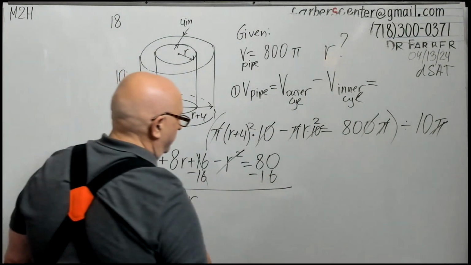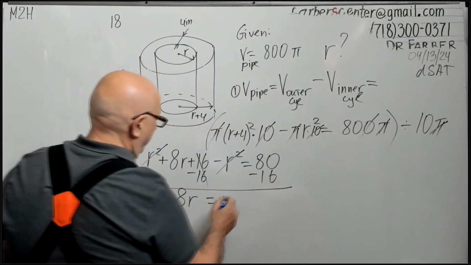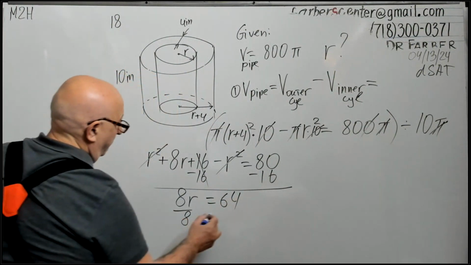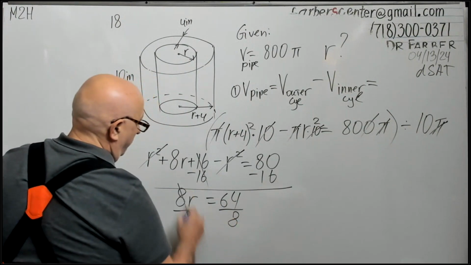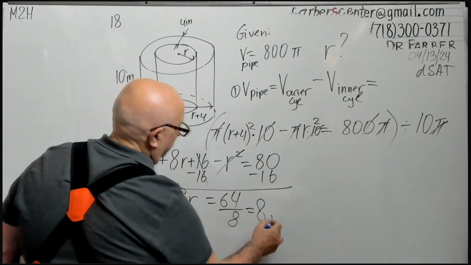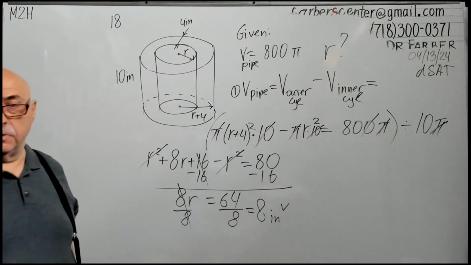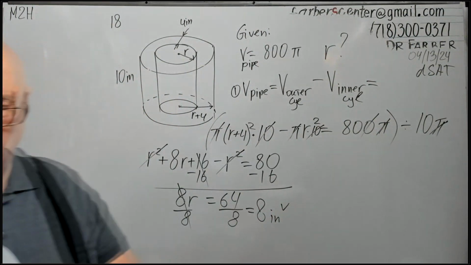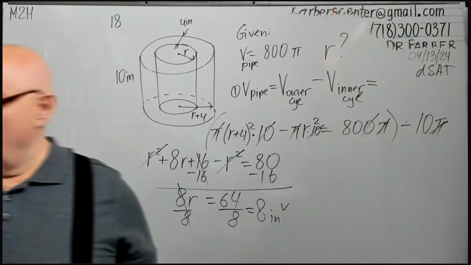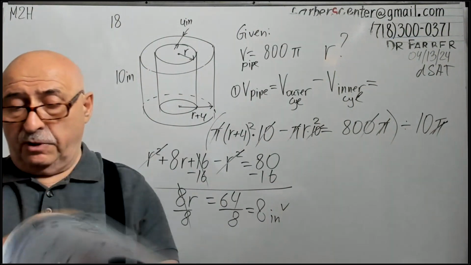And this equals 64. How to find the radius? Divide 64 by 8. R equals 8, whatever units they give you, inches. Okay, who understands this 100% up to this point? Okay, good. Next question is 19.